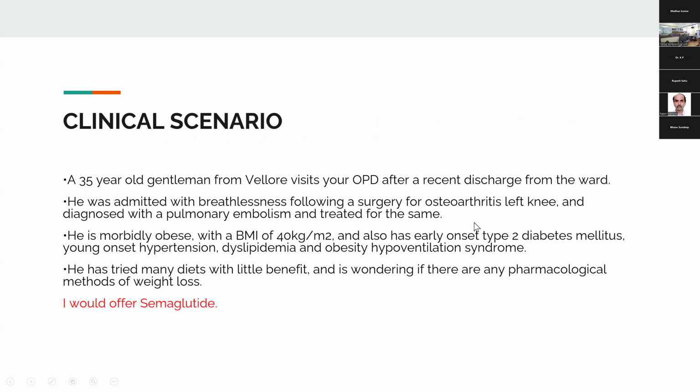I probably would, because his osteoarthritis knee is 1 hospital admission, 1 surgical cost, and pulmonary thromboembolism is 1 hospital admission. These two themselves would probably have crossed 2 lakhs with ICU and all. He has diabetes, hypertension, dyslipidemia, obesity, hypoventilation, so a high chance of developing a major cardiovascular event as well.